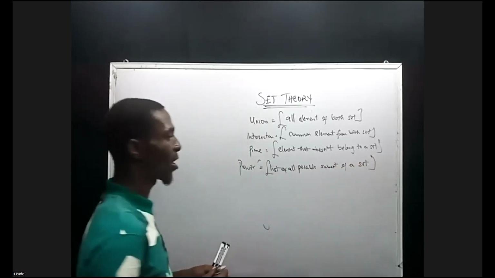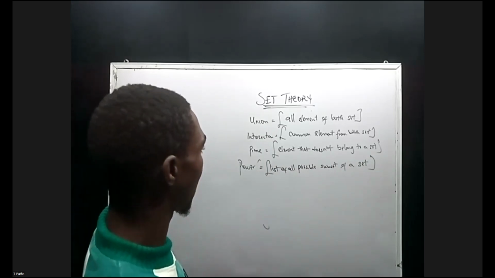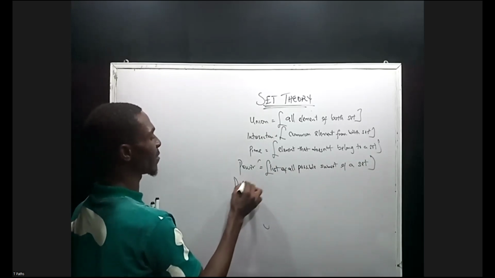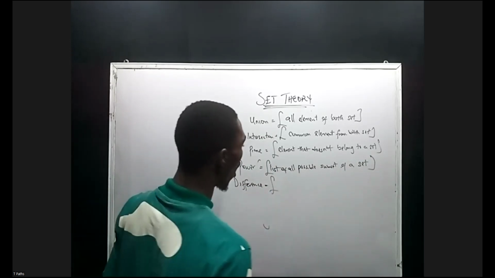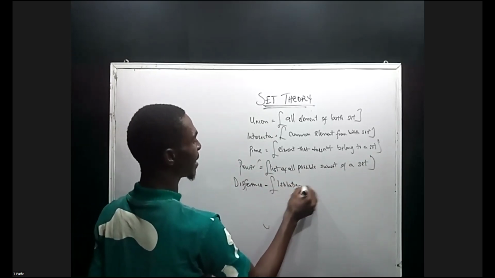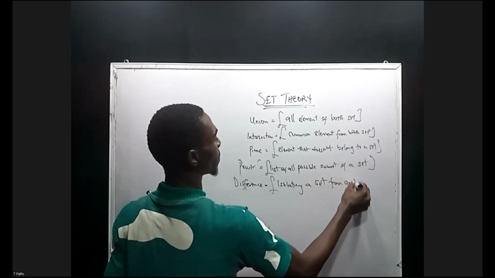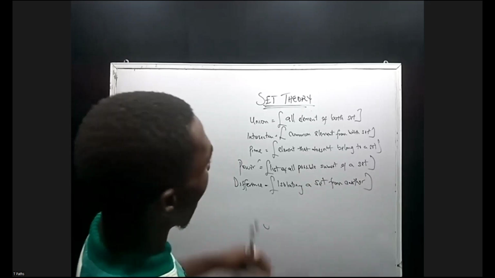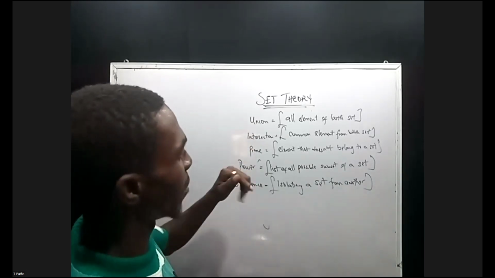There is one that they don't talk about, but I will put it there: the difference of a set. Difference of a set says you are isolating one set from another. These are the operators you'll be working with when it comes to set theory.